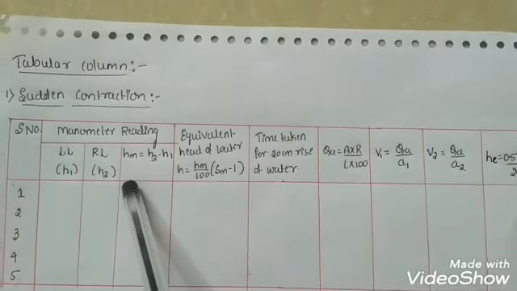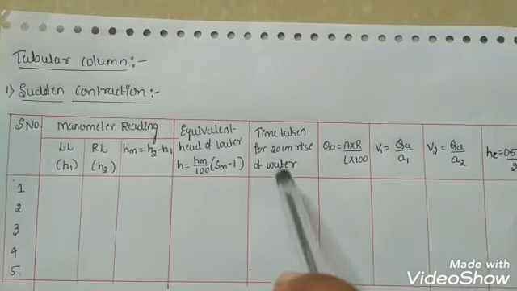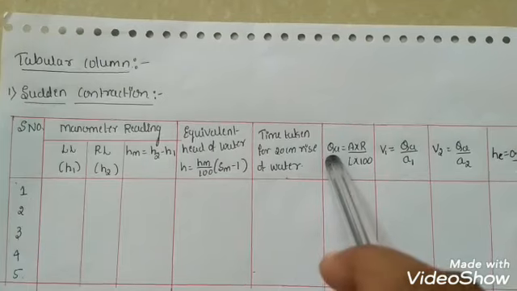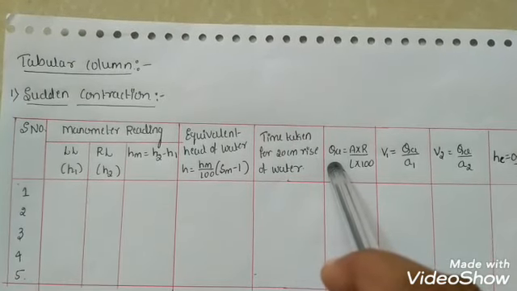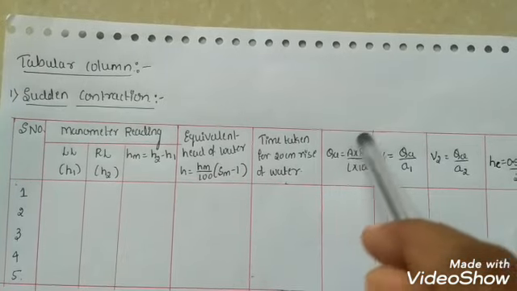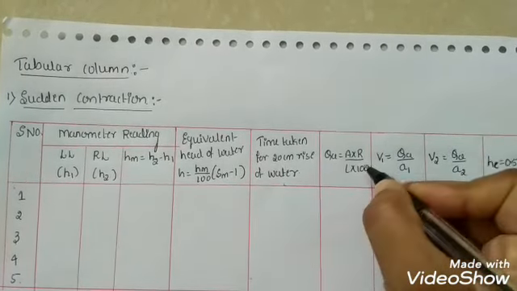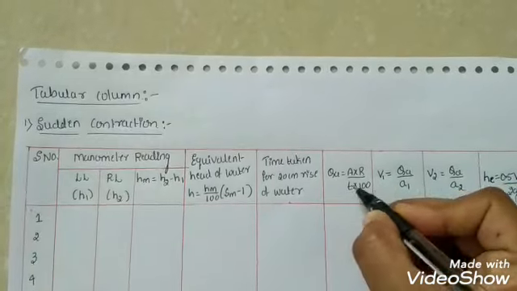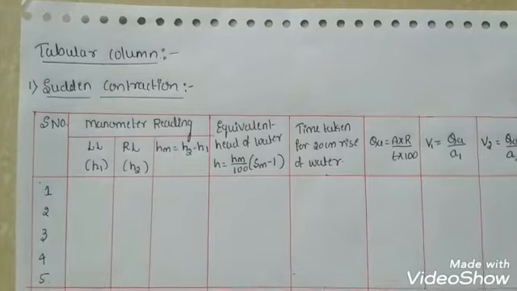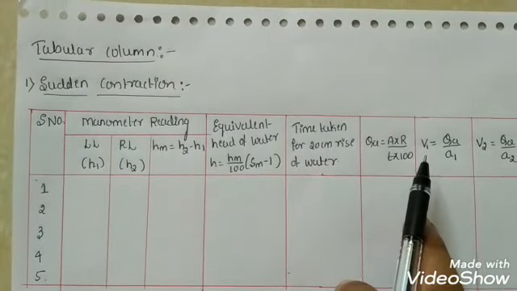So left limb reading, right limb reading, as well as the collecting tank reading, you need to take during the conduct of the experiment. Then we have the actual discharge, that is QA is equal to A into R divided by T into 100, where T is the time taken for the 20 centimeter rise. Then you have to calculate the velocity in pipe 1.